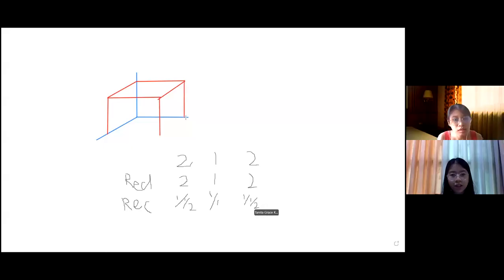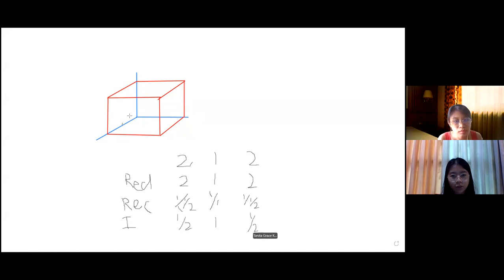As we can see here, if it is 1 over half, then the answer will be 2. So 2, 1, and 2. The last step is to determine the intercept. For the intercept, it is only the value of the denominator. So it is simply half, 1, and half.